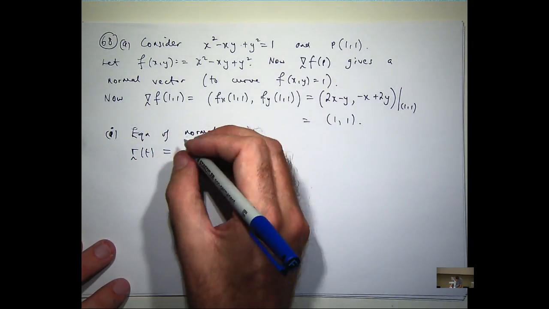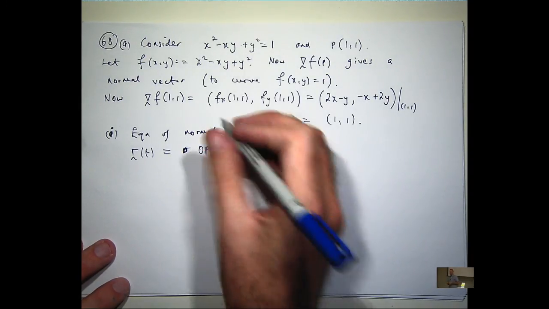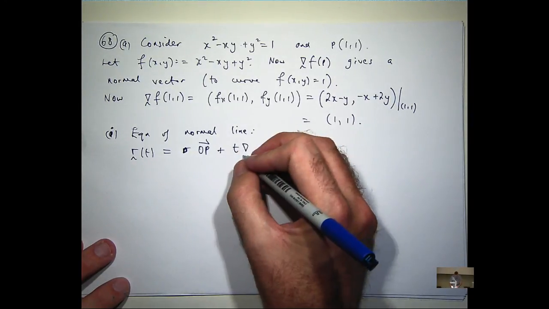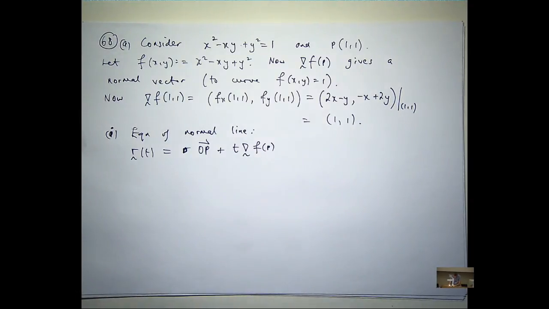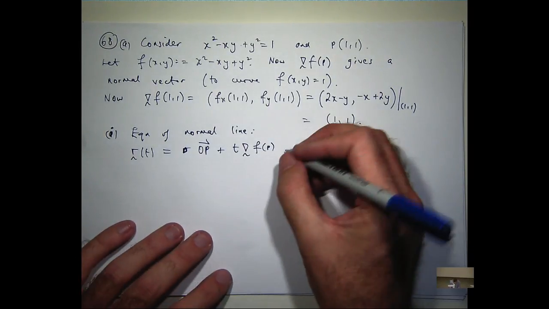I guess we can just go OP. So the vector OP plus t times the gradient of f at P.